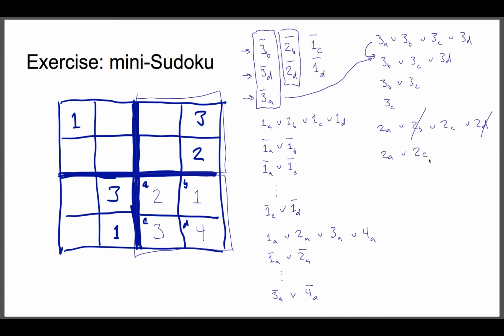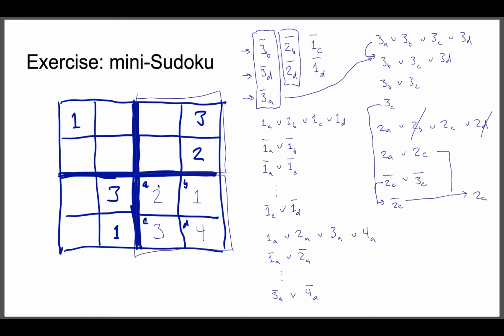And now, because we just concluded 3C, one of the constraints is not 2C or not 3C. And so if we do resolution from those guys, we get not 2C. And now we can do resolution from those two guys and get that 2 must be in cell A. And so we can fill in that 2 right there.